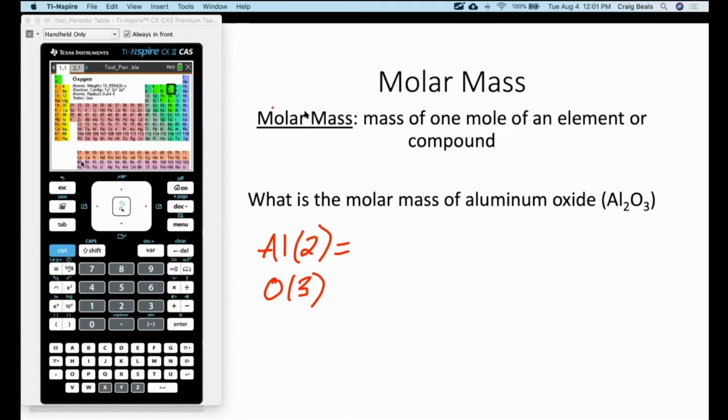Each aluminum, if you remember from before, had a molar mass of 26.98. So 26.98 times 2. That's what I'm showing here, but I put the numbers in. And then oxygen, there are 3 of those. And each oxygen was, let's go back here, should be 15.99.